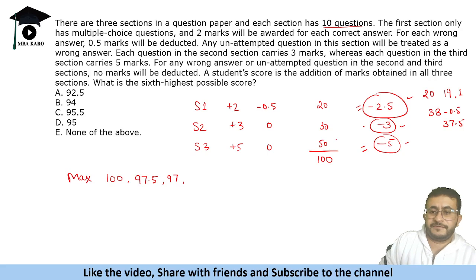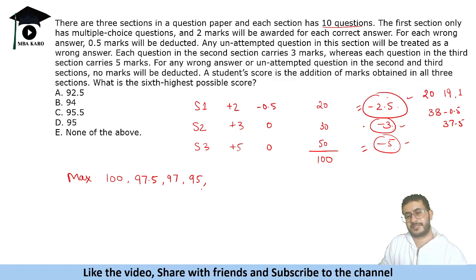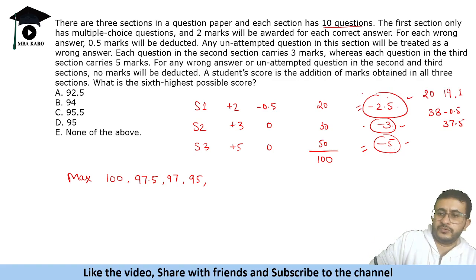Now fourth highest, if we talk about, a person can lose minus 5, because if you take the combination it becomes minus 5.5, or if a person does 2 questions incorrect or 1 question incorrect here, a person can get 95 also. Okay, 4 marks, 5 marks can be lost. If a person loses this marks and loses this marks, can lose 5.5 marks. Okay, that means a person can get 94.5 marks also.